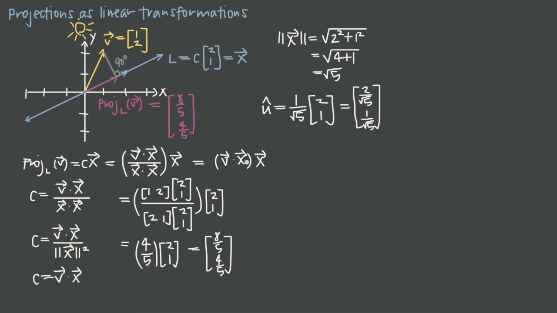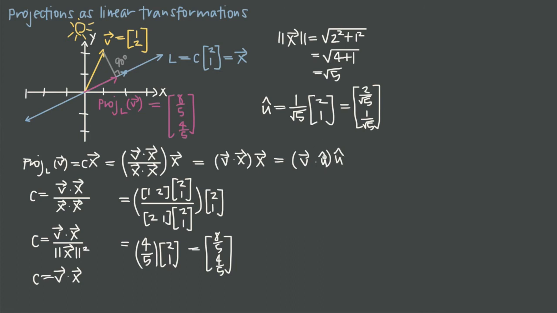But of course here, we've replaced x with its normalized version u, so we can actually call this the vector v dotted with u and then multiplied by u. So we've got this big messy formula all the way down to this simpler formula.